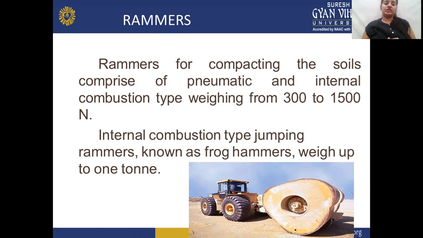This equipment is used for a high range of compaction below the depth of the soil. The internal combustion type jumping rammers, known as frog hammers, weigh up to 1 ton. So there are different varieties of rammers. One is known as the frog rammer, and the weight can go up to 1 ton.